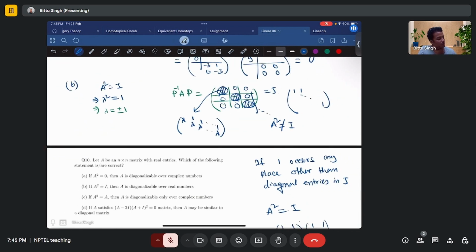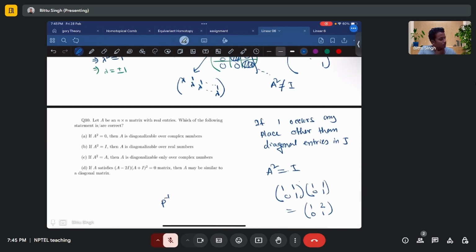So if P inverse AP is not diagonal, then A square is not equal to I. Therefore P inverse AP must be diagonal, otherwise this relation will not be satisfied.